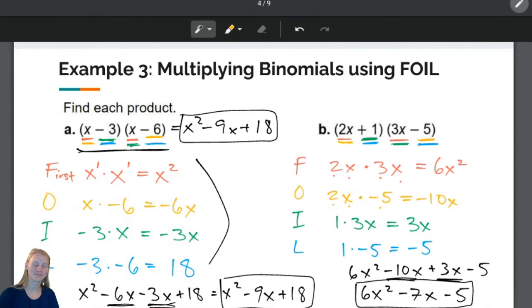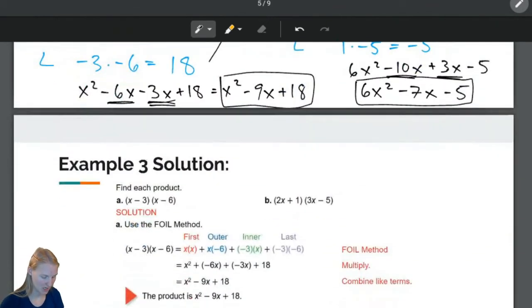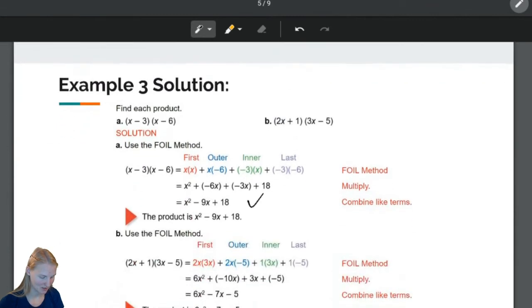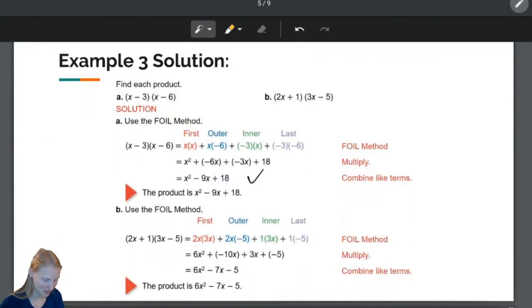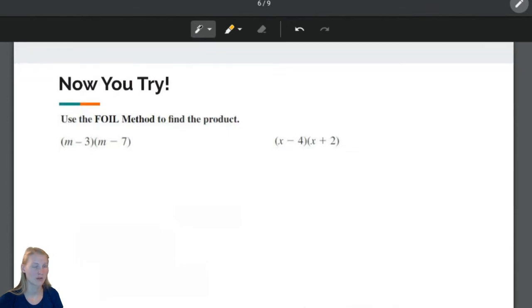And there you go. 6x squared minus 7x minus 5. Let's check and make sure that we were right. x squared minus 9x plus 18. And 6x squared minus 7x minus 5. Booyah.